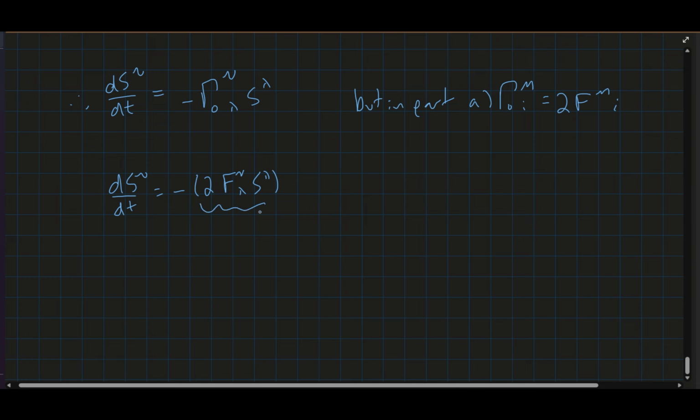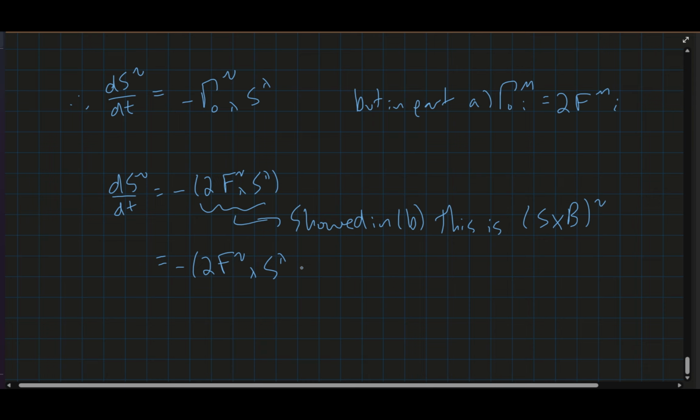But in part B, we actually showed that this is S cross B^nu. So we can rewrite the derivative again as minus 2 F^nu_lambda S^lambda. Oh, I didn't need to rewrite that, sorry.